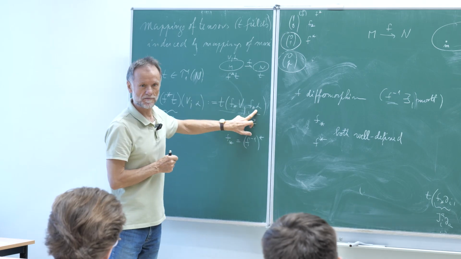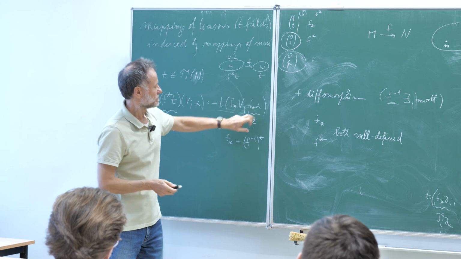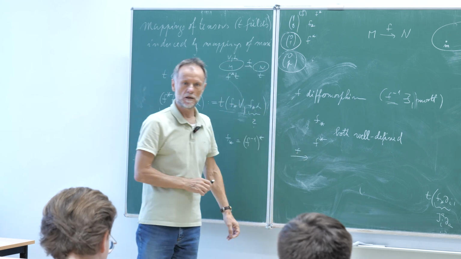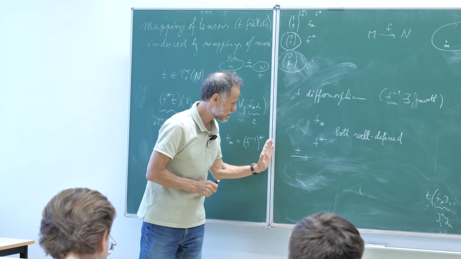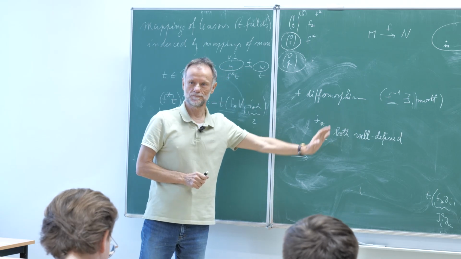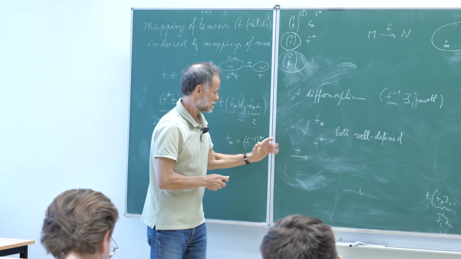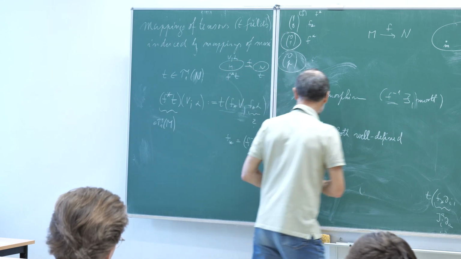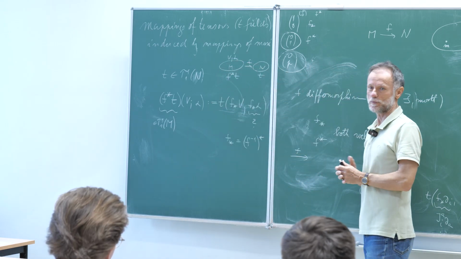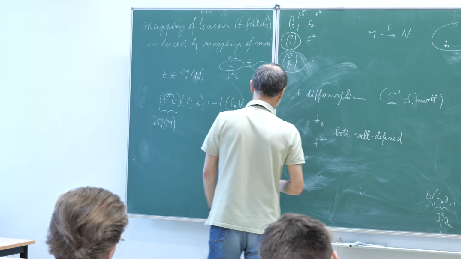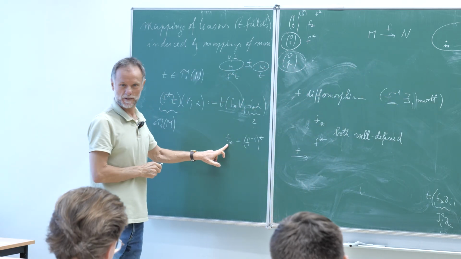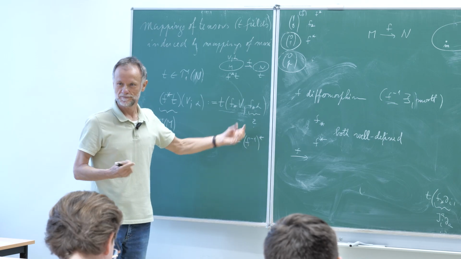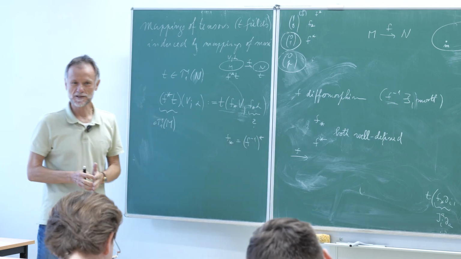And this was not defined. But now, if the mapping goes in this way, we call push forward something which goes in this way also. So push forward is motion in this way, but from here, it is pullback to me. So push forward with respect to F is just pullback with respect to the inverse F. Think it over a little bit, yes?